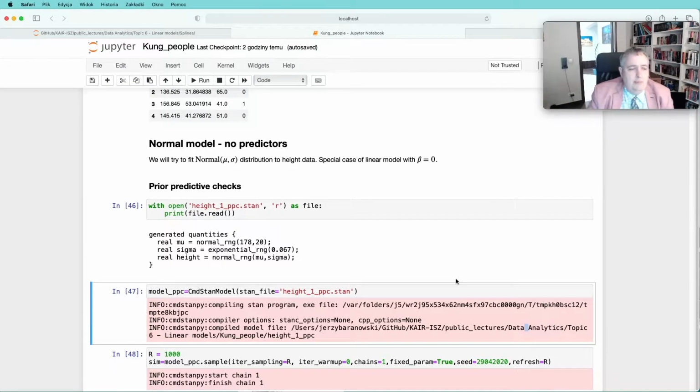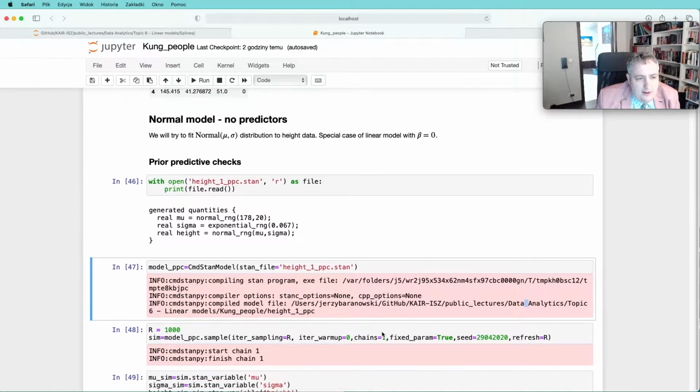It shouldn't happen, but I've replicated it on 2 Macs, so this is not something that should happen. That's why I've made an issue for the CmdStan developers, and we'll see what will happen with that. Maybe it's a Mac issue, I'm not sure, but it makes stuff a little bit slower.